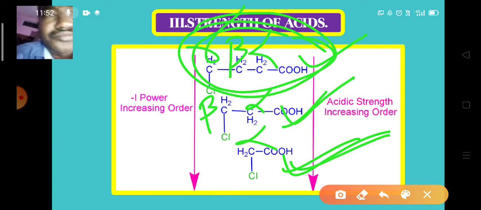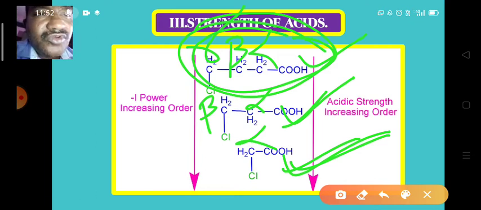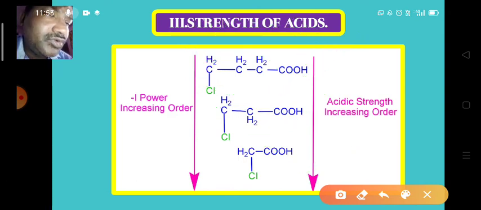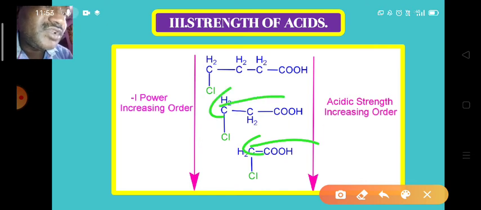So here we know very well that halogens increase the acidic strength of carboxylic acids. But here, from chloroacetic acid to chlorobutyric acid, the chlorine is moving away from the carboxylic acid.